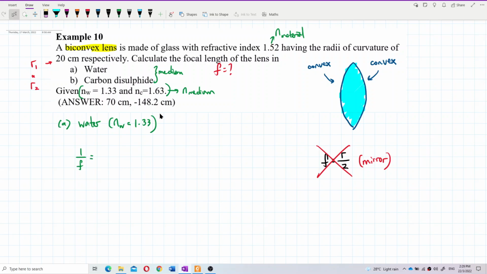1/f equals, which is called the Lensmaker equation.